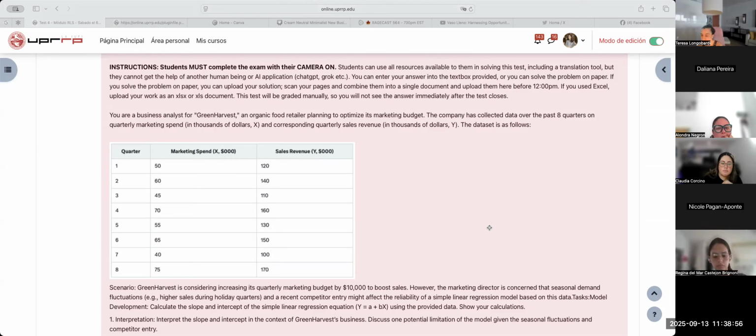I don't know why it says spending. So I'm just going to call it marketing. Sales.